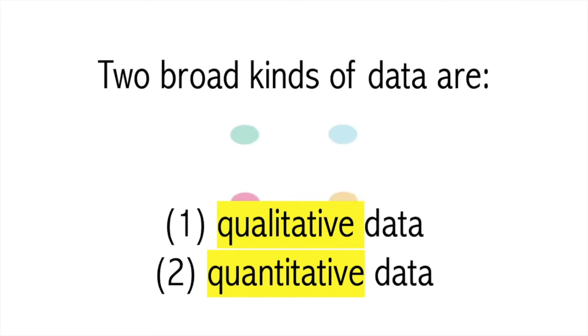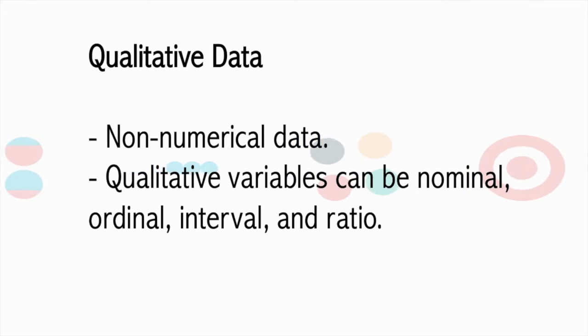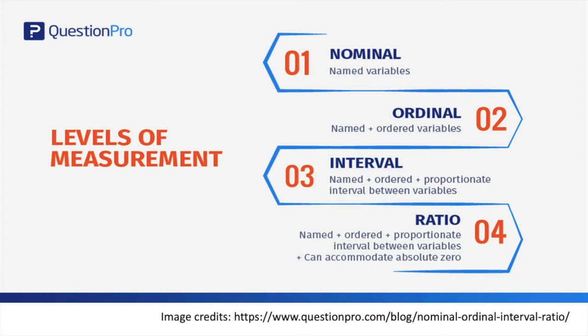Two broad kinds of data are qualitative data and quantitative data. Qualitative data is non-numerical data, and it can be nominal, ordinal, interval, and ratio. So, nominal data are named variables, ordinal data are named plus ordered variables, interval data are named, ordered, and have proportionate intervals between the variables.